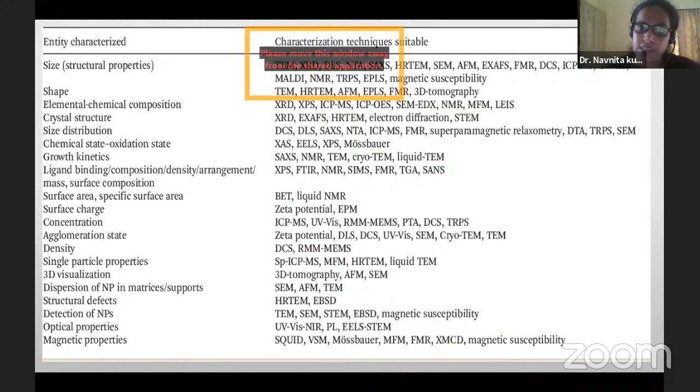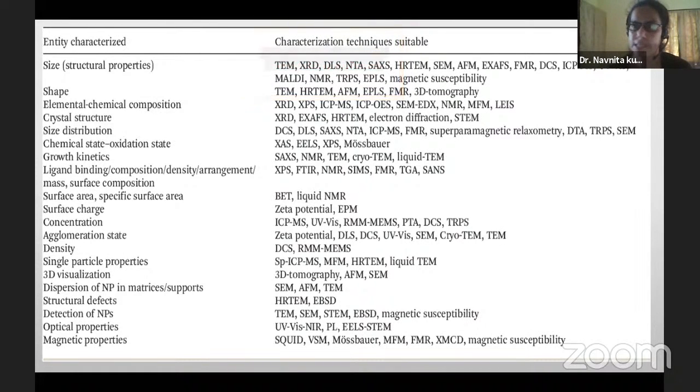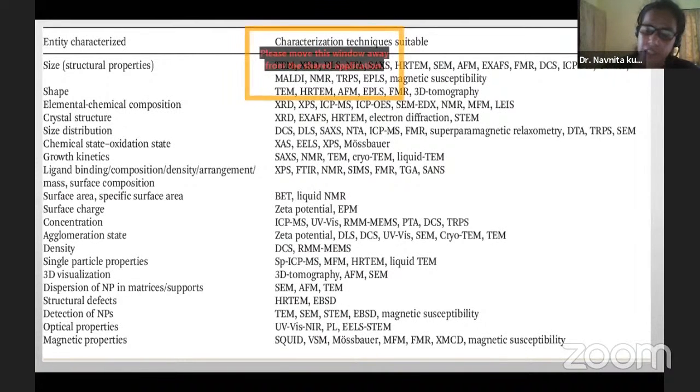For single particle properties: HRTEM and liquid TEM, 3D visualization, 3D tomography, AFM, SEM, etc. For structural defects, we have to use HRTEM, EBSD, etc. For optical properties: UV visible, NIR, UV visible NIR, photoluminescence, EELS, STEM. For magnetic properties: SQUID, SEM, Mossbauer, MFM, and magnetic susceptibility characterization techniques.